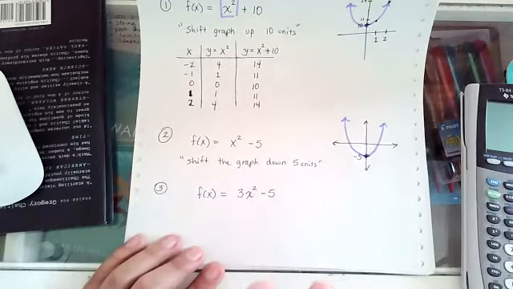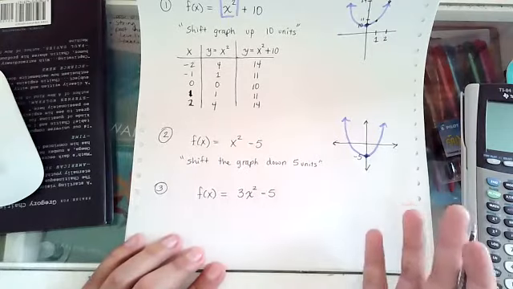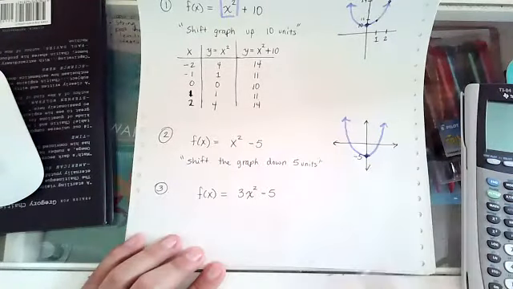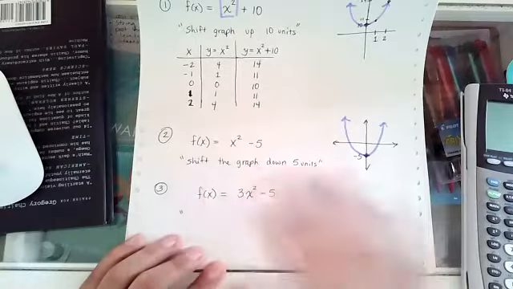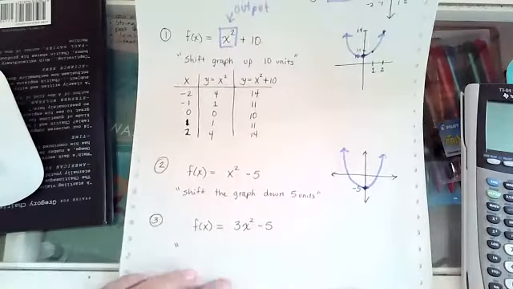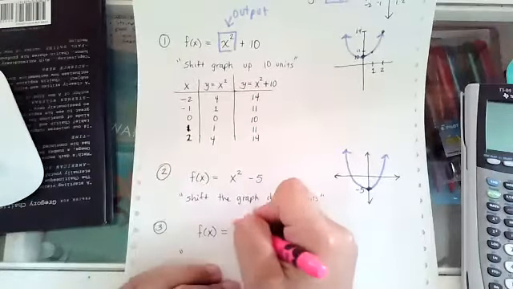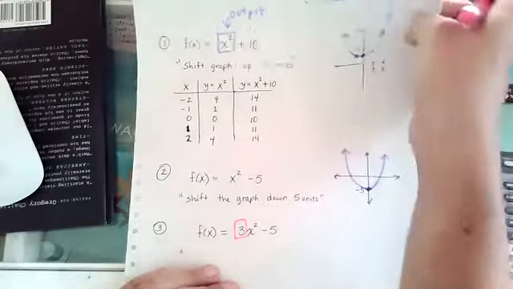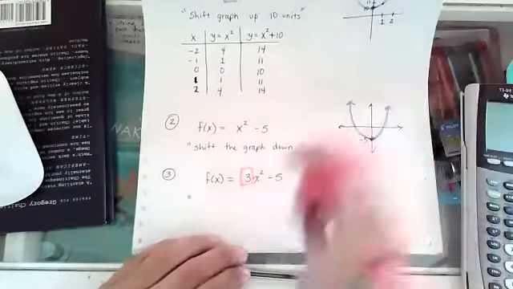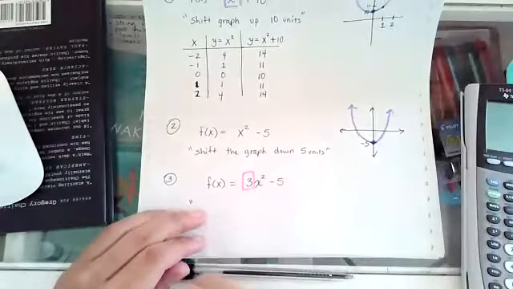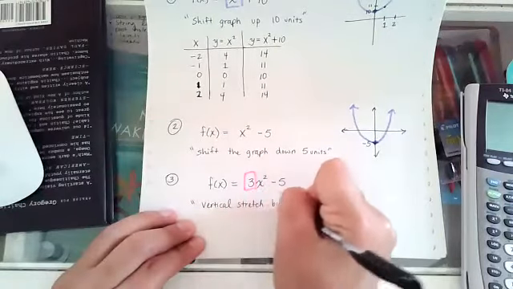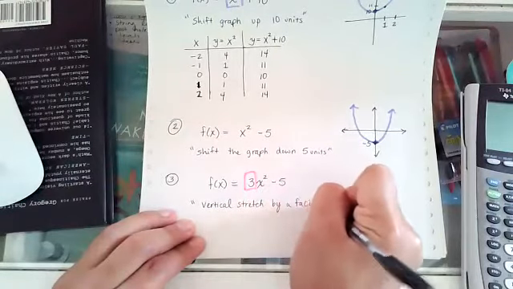And we don't have to think too hard about it because we've been given a list of those rules to see what's going to happen to the graph. So I'm going to say, okay, self, I've multiplied by a 3, and according to the rules that Mr. Aguilar has given us, that's telling me that I am vertically stretching by a factor of 3, whatever that means.